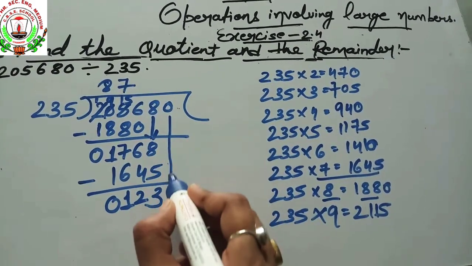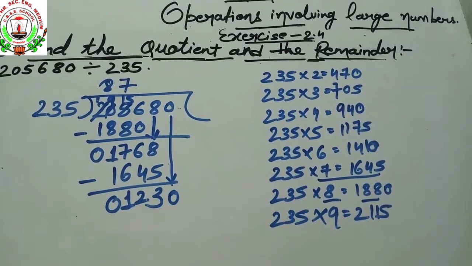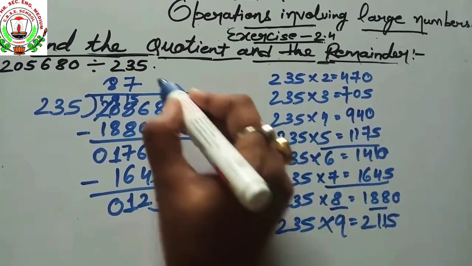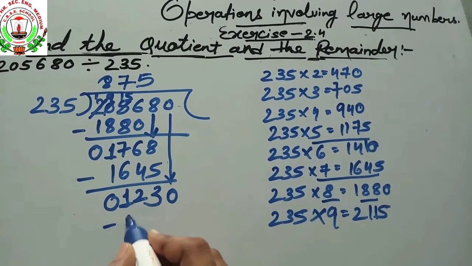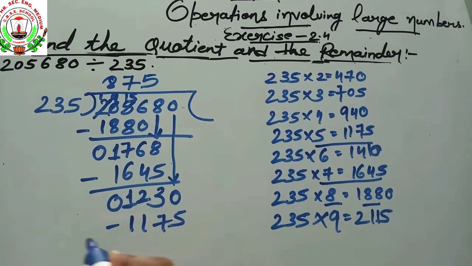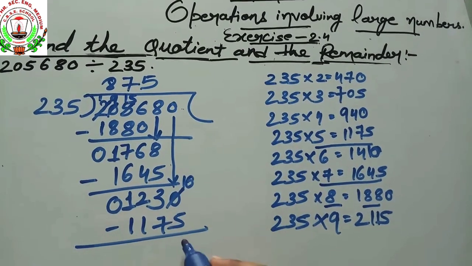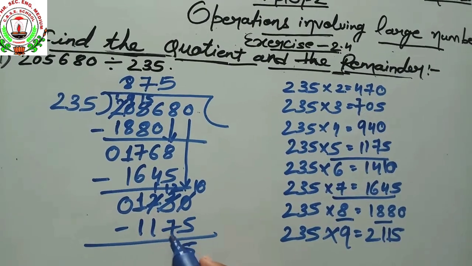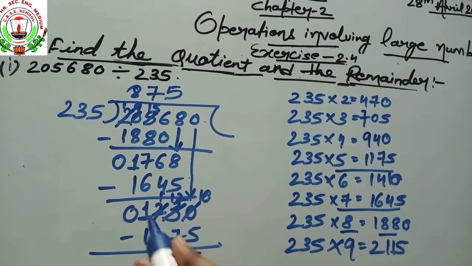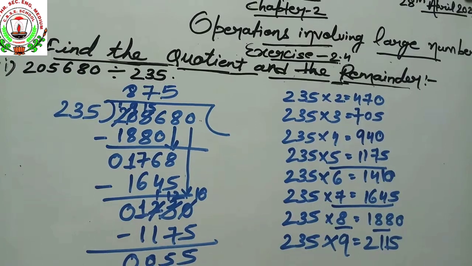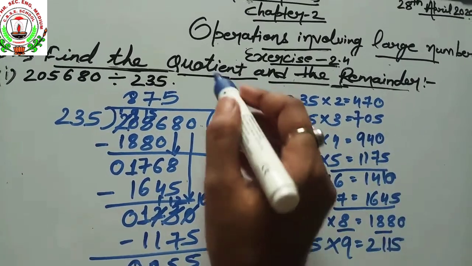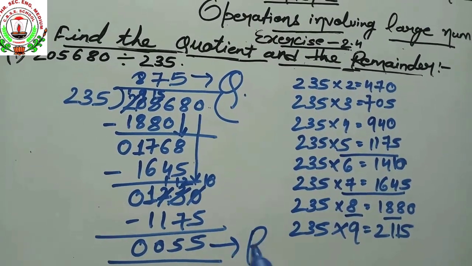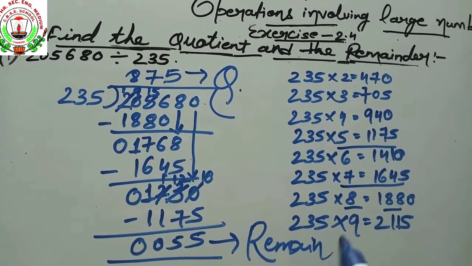Then again let's bring down this number, 0. 1230. Now it will come 5 times, 1175. 10 minus 5 will be 5 and 12 minus 7 will be 5. 1 minus 1 is 0 and again 1 minus 1 will be 0. Now we can see that over here we have got the quotient and here this is the remainder.